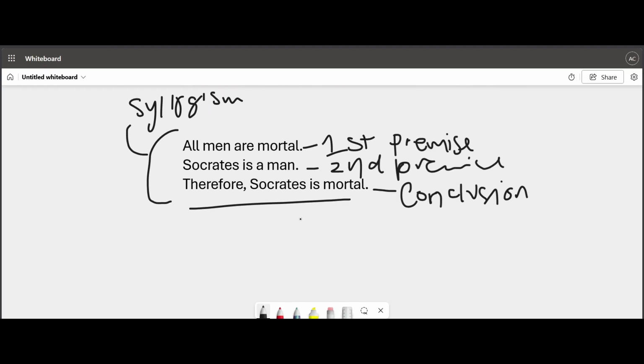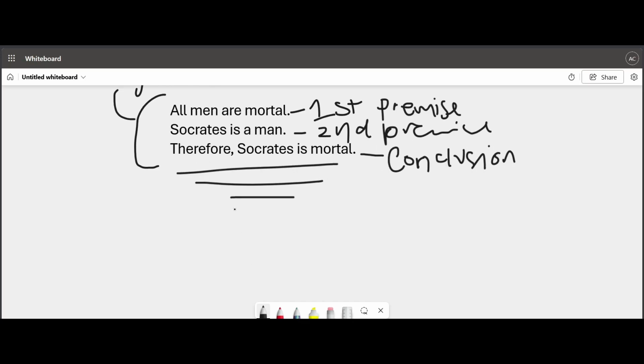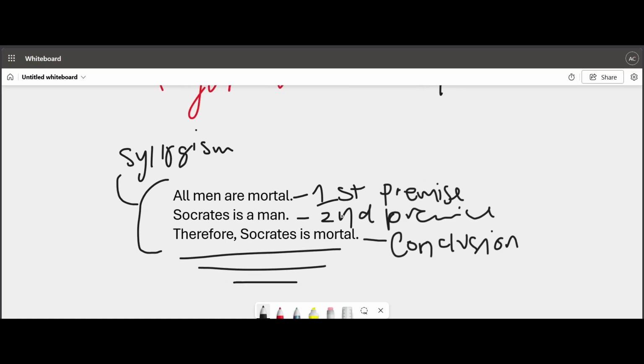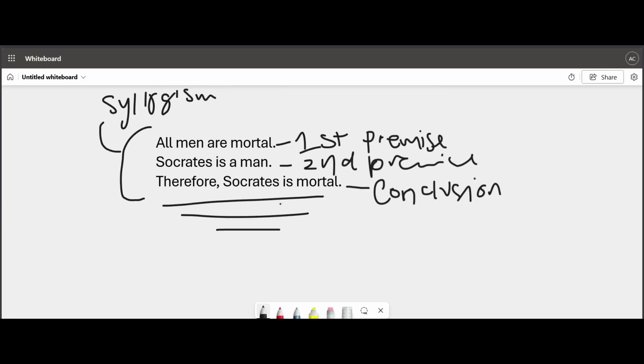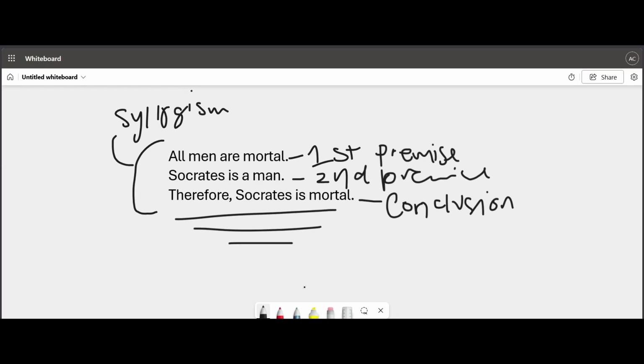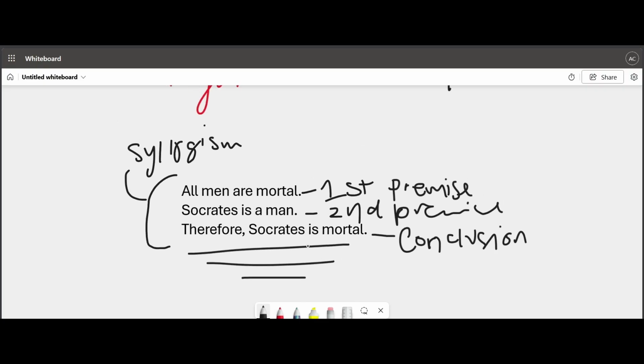Now, would you say that this conclusion right here is valid from these two premises that were stated preceding this conclusion? Do you think that this conclusion, by that extent, is valid? If you answered yes, then you're correct. You would be correct because these two statements directly support this conclusion.